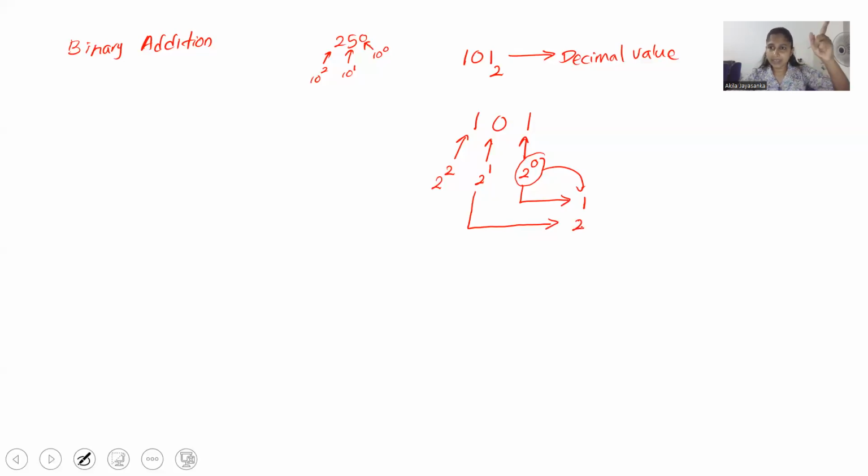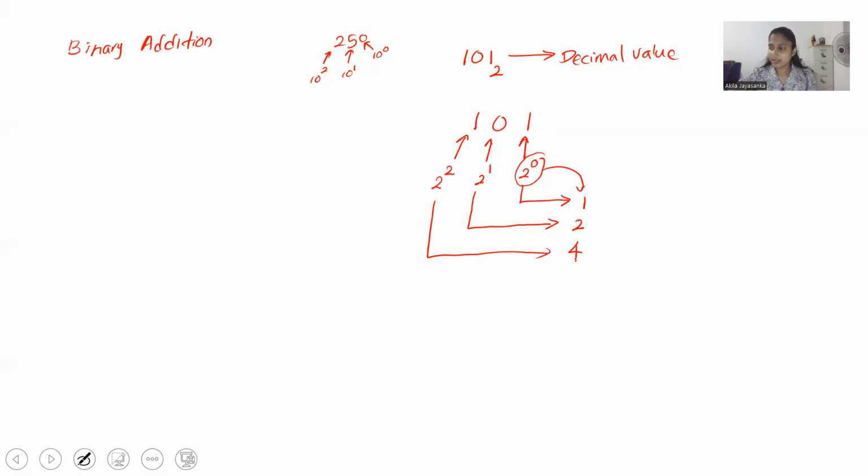Any number to the power 1 is that number itself. Remember this: each and every base to the power 0 means 1. If 2 to the power 2, the value is 4. You should know these values like this.